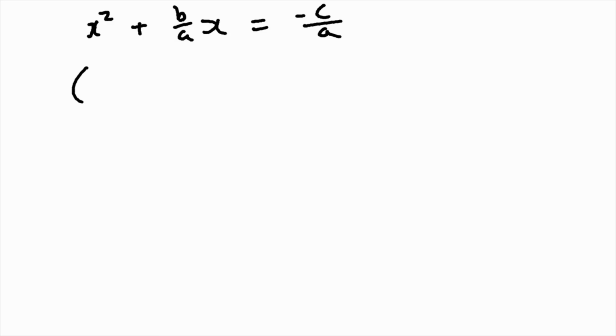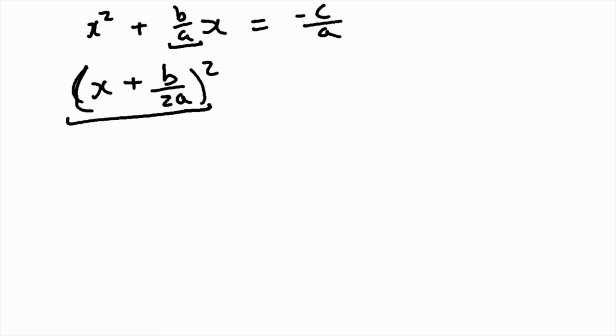So when we complete the square, we have our x term. It's going to be positive, but then we have to halve the coefficient of the x, b over 2a. And we're squaring this. But if you remember from our last video, expanding this bracket will give us an extra b over 2a squared that we don't want.